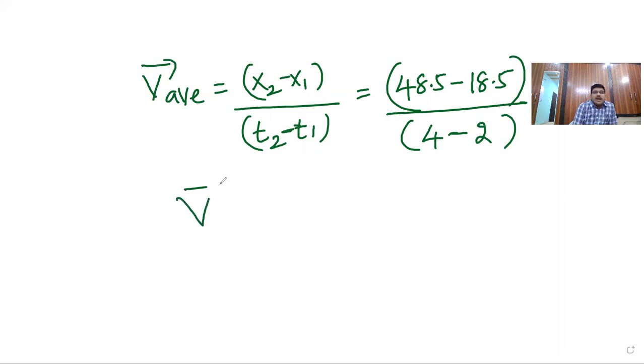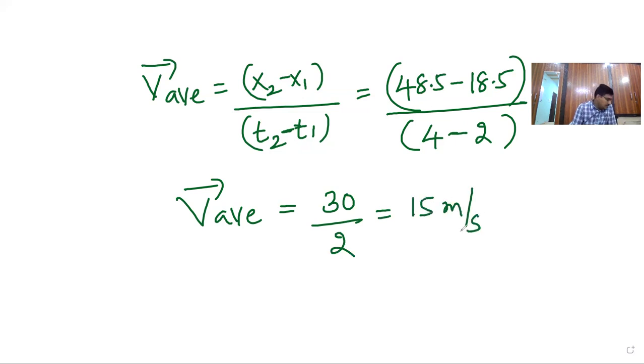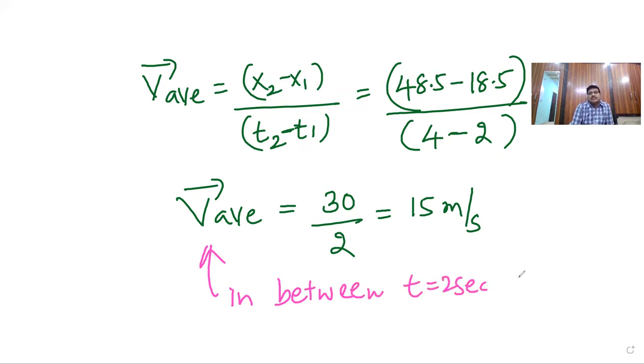So V average becomes 30 by 2, which is 15 meters per second. 15 meters per second is the average velocity between t equal to 2 seconds and t equal to 4 seconds.